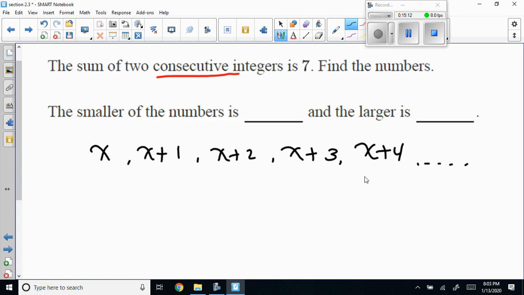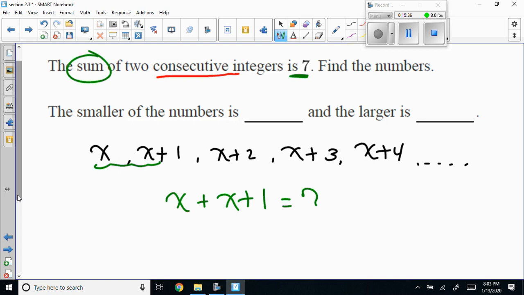Correct? So how many of these do I need? 2. So guess what I'm gonna do? Grab 2 of them. What am I doing to these 2? What's that word right there? Adding. And I will go x plus, guess what? x plus 1, which has to equal what?